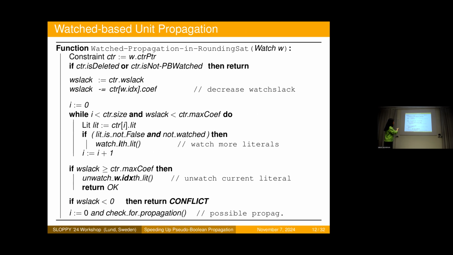Then in the end of this loop, if we have enough watches, we just unwatch the current literal by setting the negative coefficient to positive. Otherwise, if we don't have enough watches, the watch slack is negative, we got a conflict. Otherwise, we check for propagation.